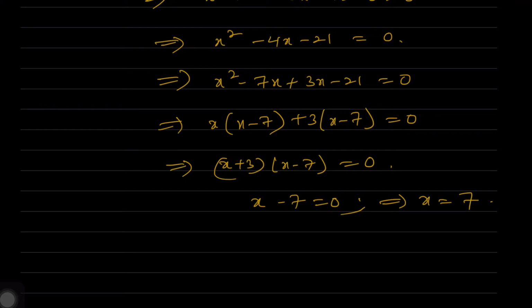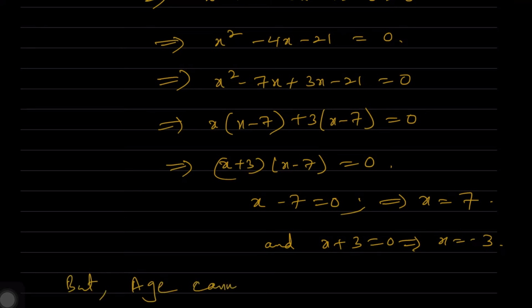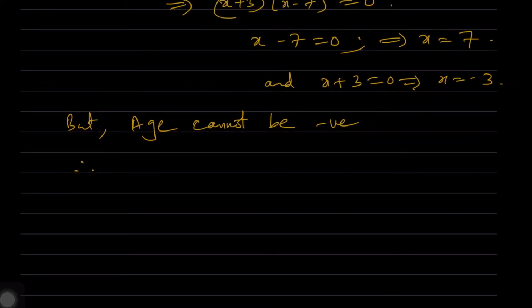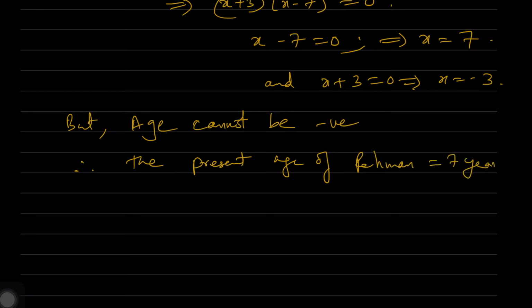And you also have x plus 3 is equal to 0, which implies x is equal to minus 3. But age cannot be negative, so therefore the present age of Rahman is 7 years.